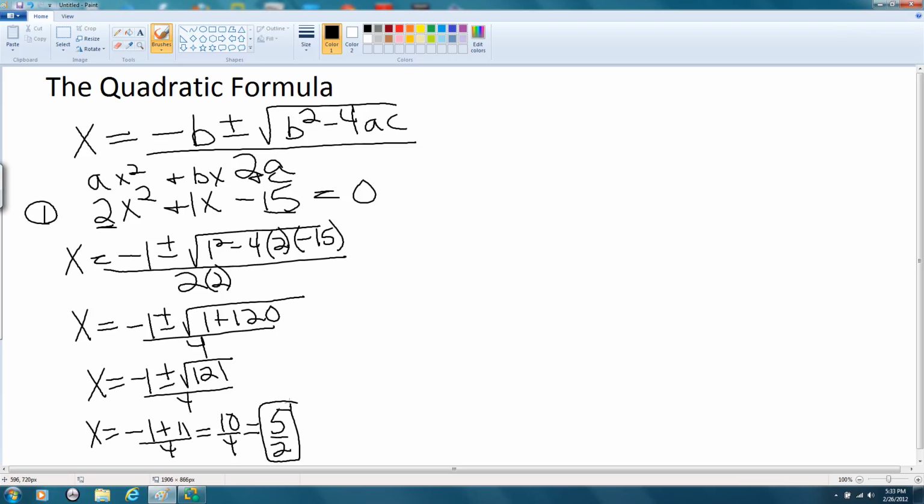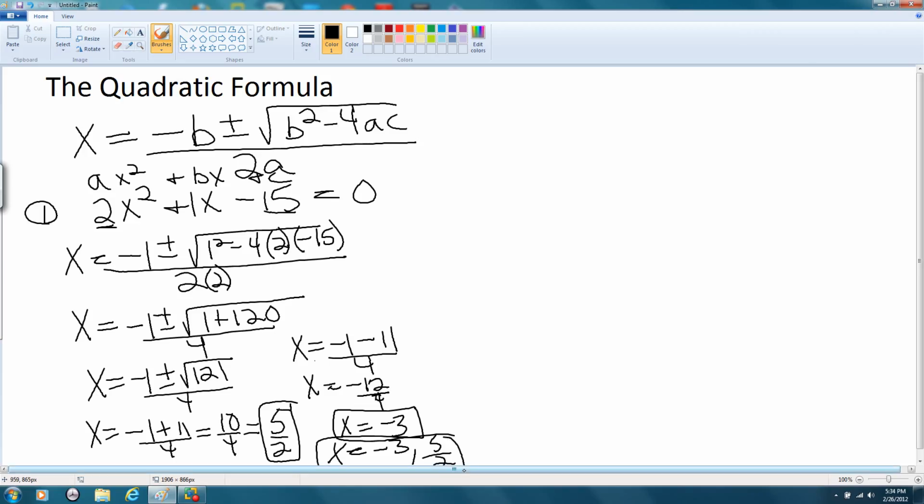But we also know that x is equal to negative 1 minus the square root of 121, so minus 11 over 4, or x is equal to minus 12 over 4, or x is equal to minus 3. So our 2 answers, which I'll just put down here, x is equal to negative 3 or 5 halves. Okay, so I ran out of space there, but that's okay.